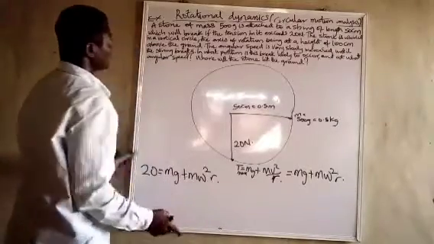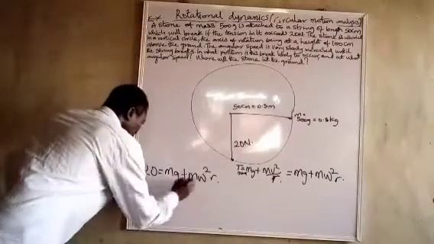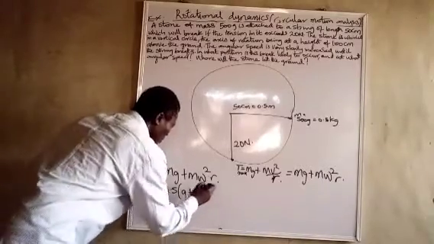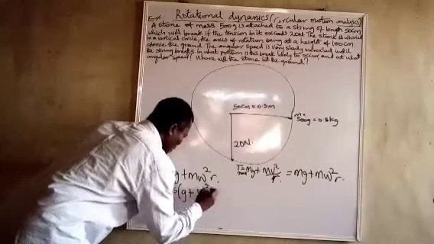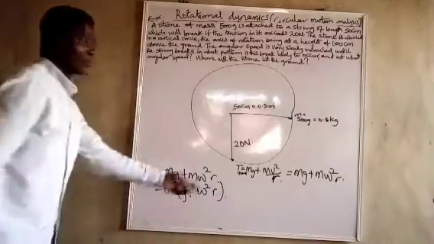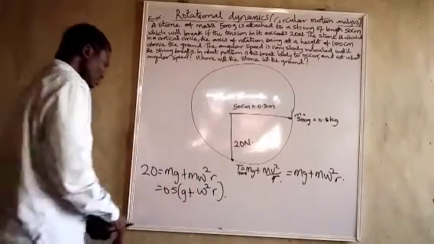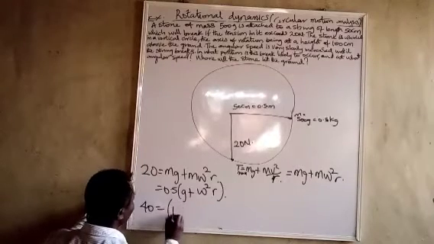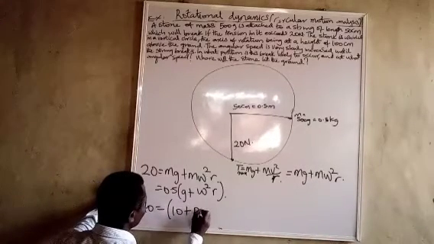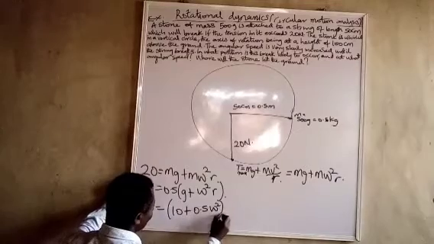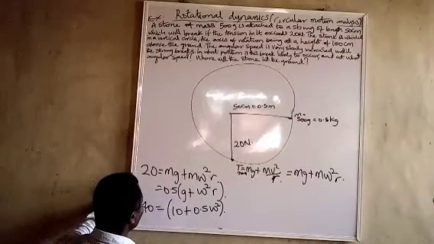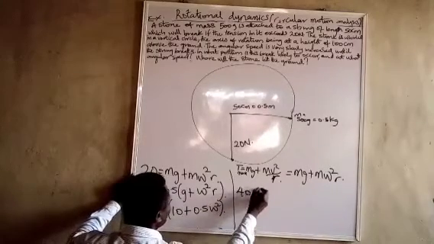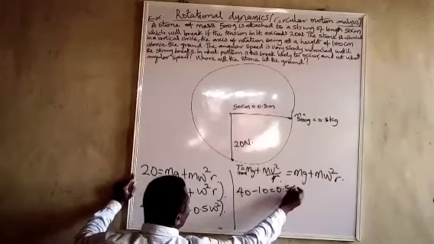And we know what our m is, 0.5. Therefore, we can say 20 equals 0.5 into g plus omega squared r. Therefore, 40 equals, we know our g to be 10, plus 0.5 omega squared, because r is 0.5. Therefore, we can also say that 40 minus 10 is equal to 0.5 omega squared.